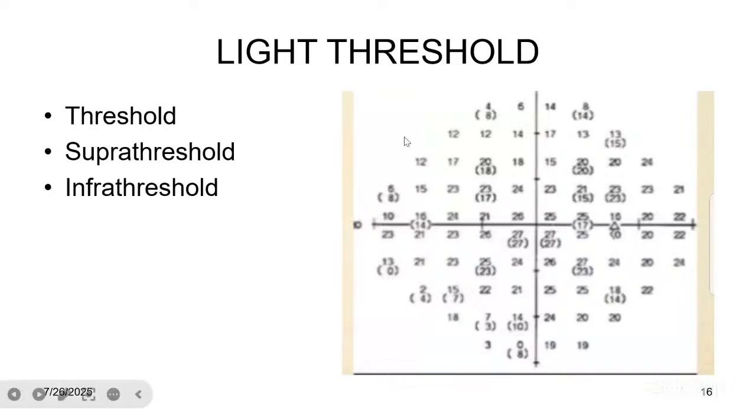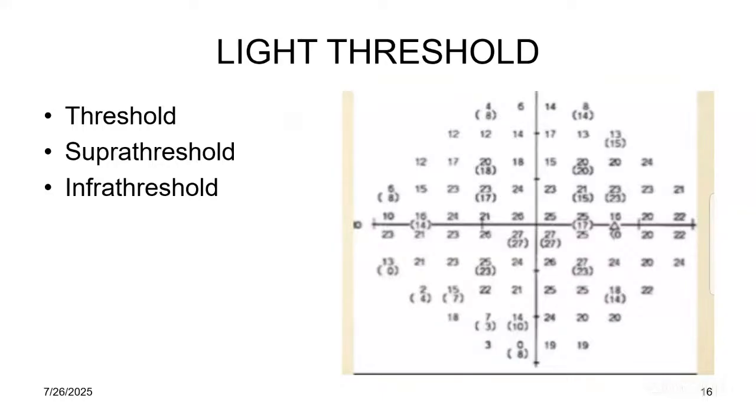So when we come to light threshold, like we said, the light intensity given to the patient varies. A threshold light refers to the dim light presented to a particular point of the retina that the patient is able to perceive 50% of the time when that same light is given to that point. That is referred to as the light threshold.